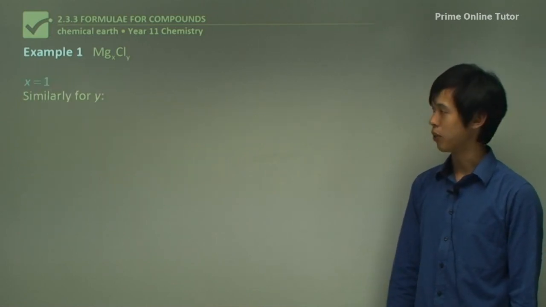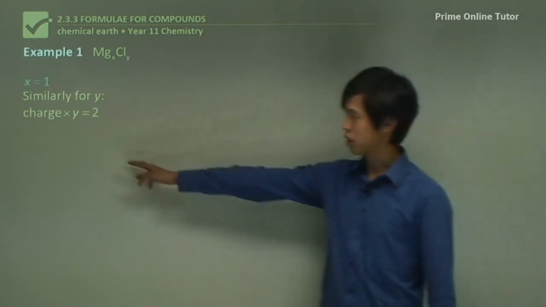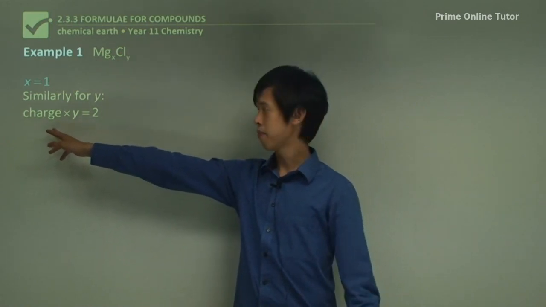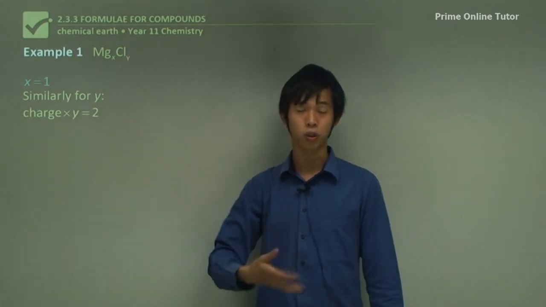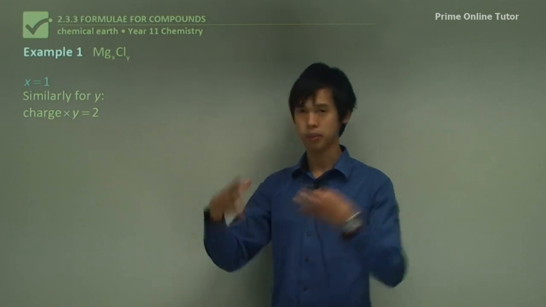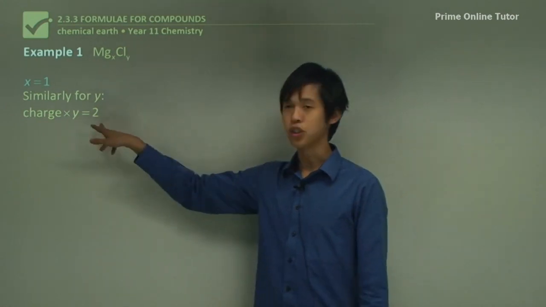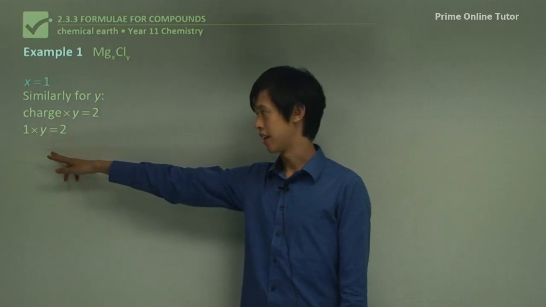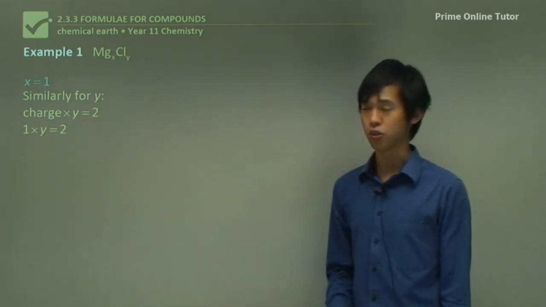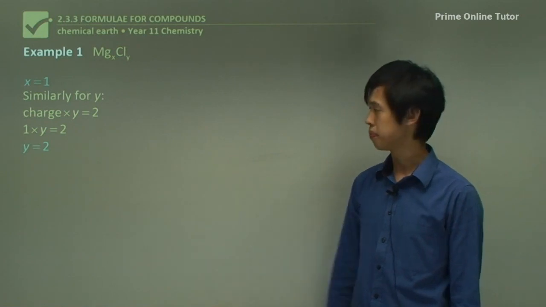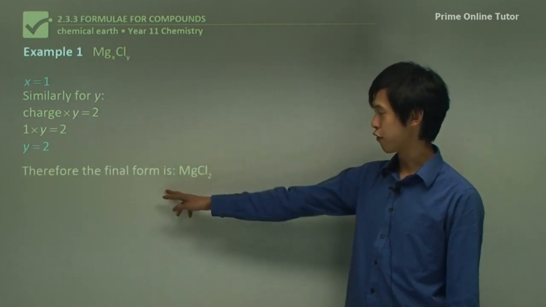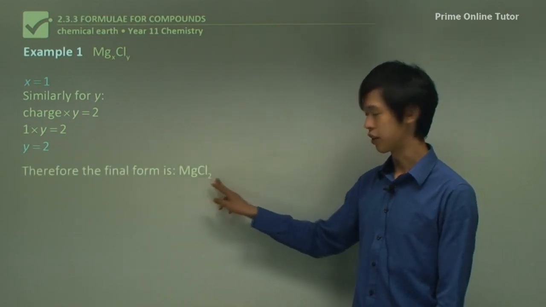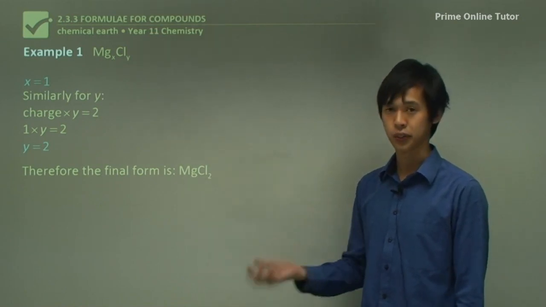Now similarly for Y, you've got the charge of the chlorine ion times however many chlorine ions per unit, to give you 2. So you've got a charge of 1. Then to get to 2, you need Y to be equal to 2. So Y equals 2. Therefore, the final form is magnesium 1, chlorine 2, so MgCl2.